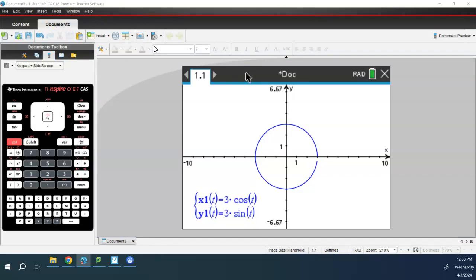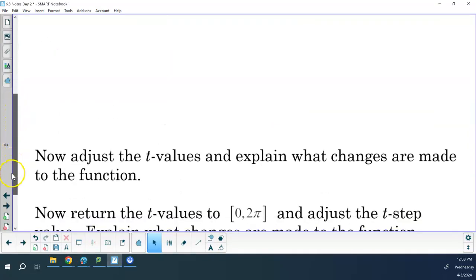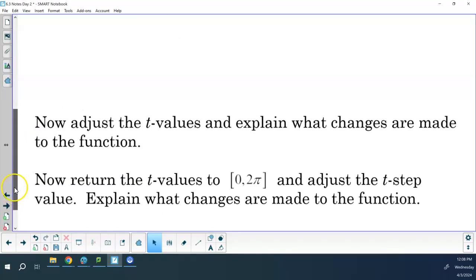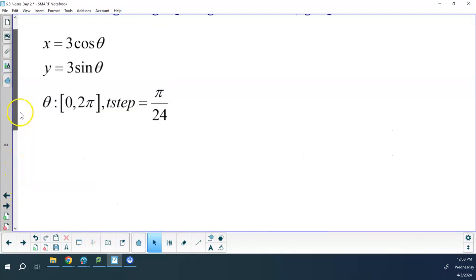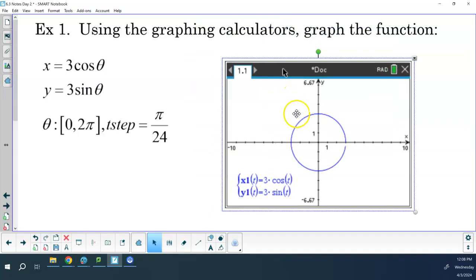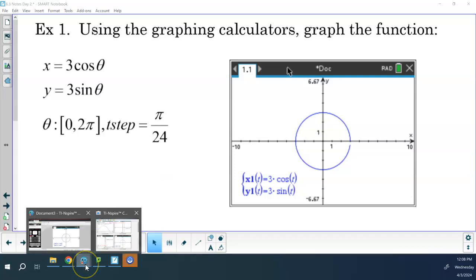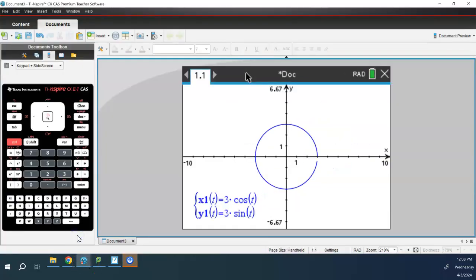Okay. Now, what I would like to do is I would like to play around with the t-values and figure out what happens with said function. So our original function, written as we normally have it, is right here. Okay. Now let's play with that t-step, or let's play with the t-values.